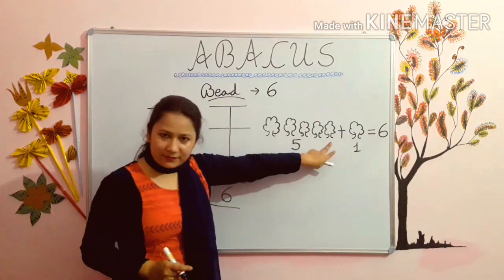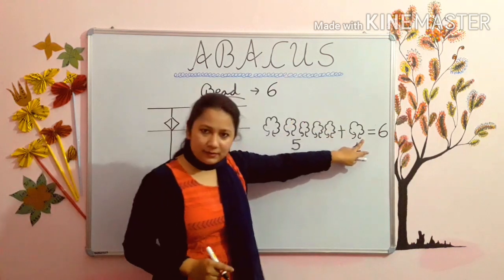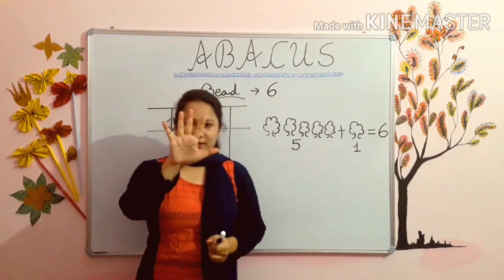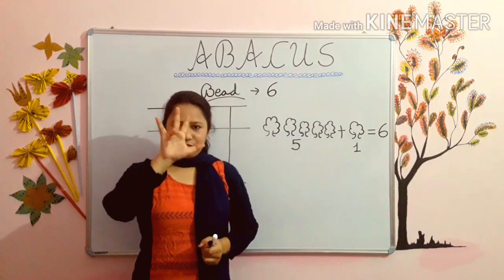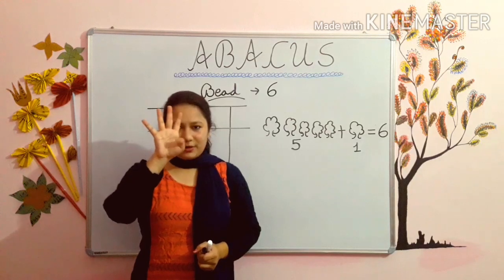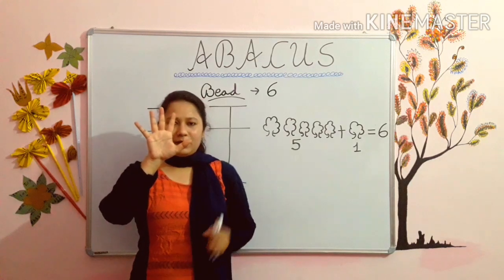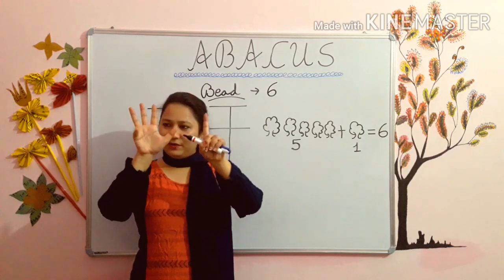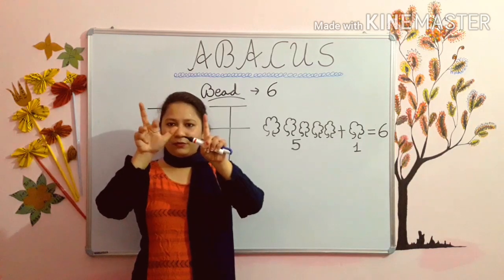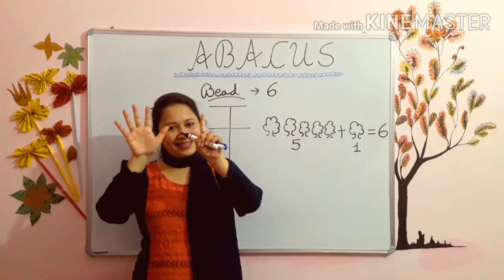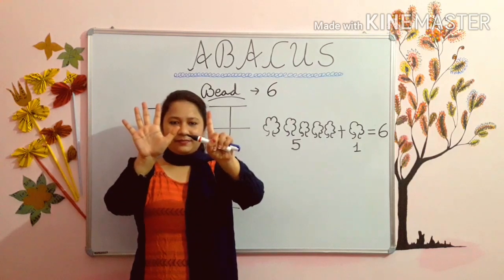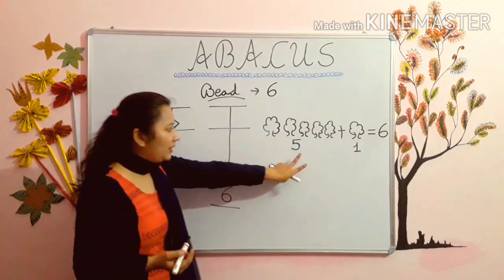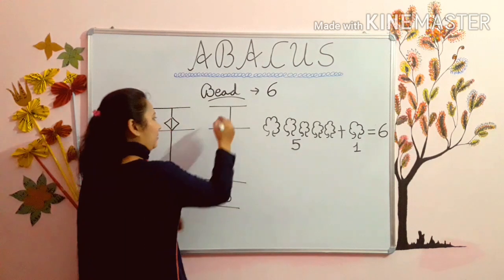I have 5 trees, I took 1 more, so what will I get? 6. See, this is 5 fingers. 1, 2, 3, 4, 5. Now if I add one more, how many does it become? 1, 2, 3, 4, 5 and 6. 6 fingers. So here for 6, first of all I will make 5.